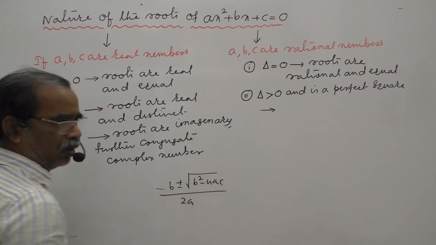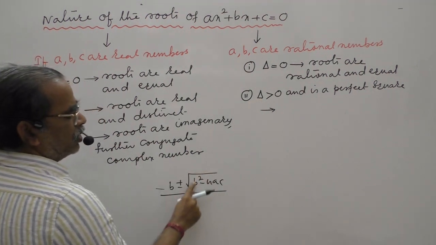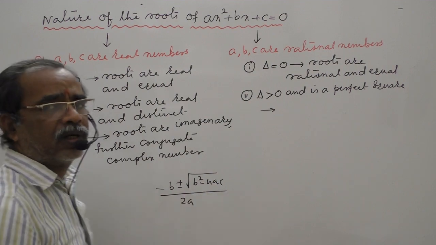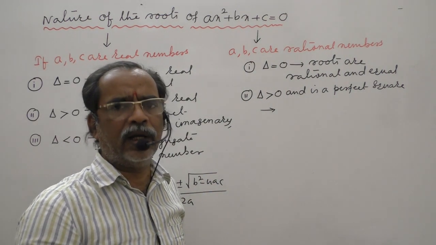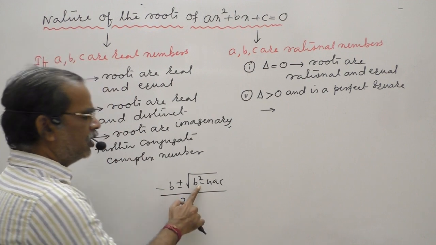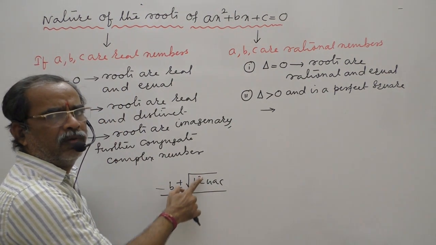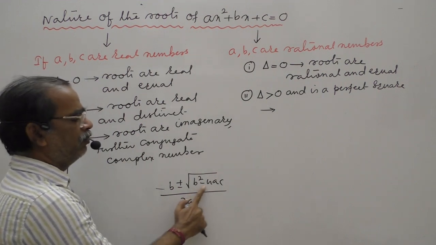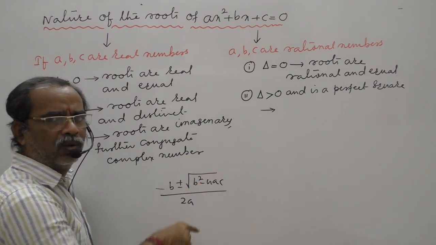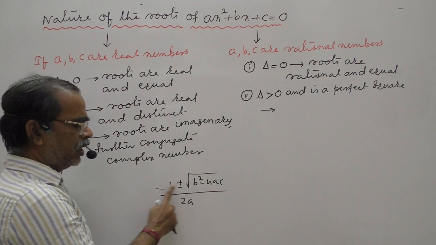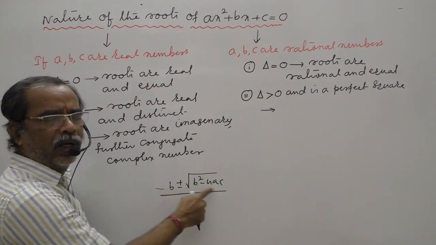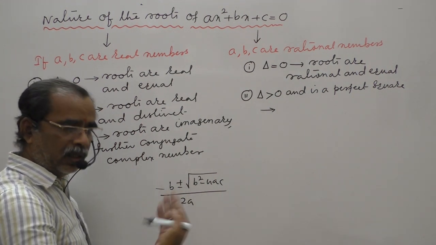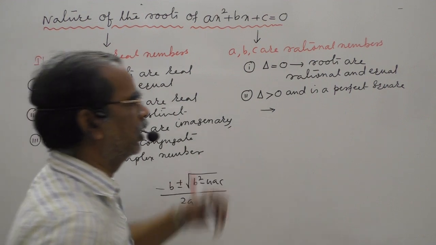These are the roots now. Now this delta is positive and it is a perfect square, that means 4, 9, etc. When it is a perfect square, the square root will be there for that. No root sign will be there now. For example, if it is 4, root 4 is what? 2. No root now. By taking plus, you will get one root, minus another root. Both will again be rational numbers only.